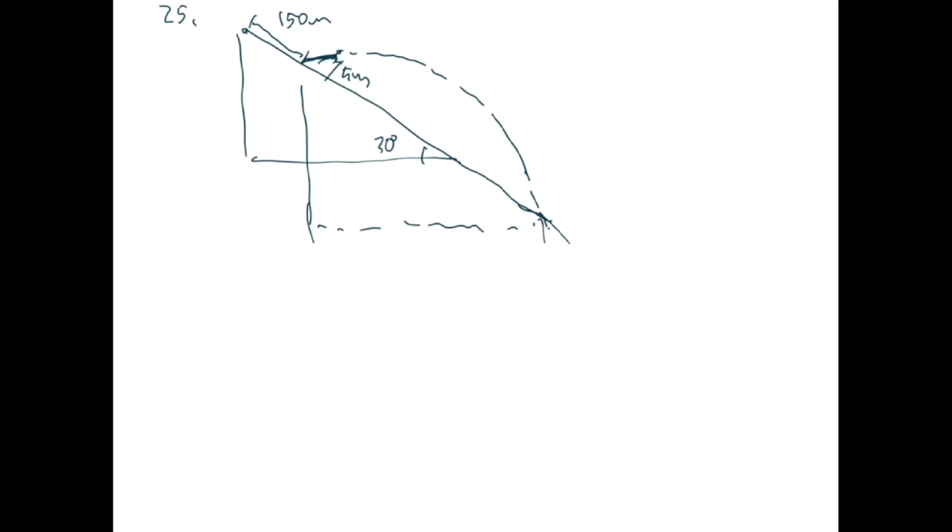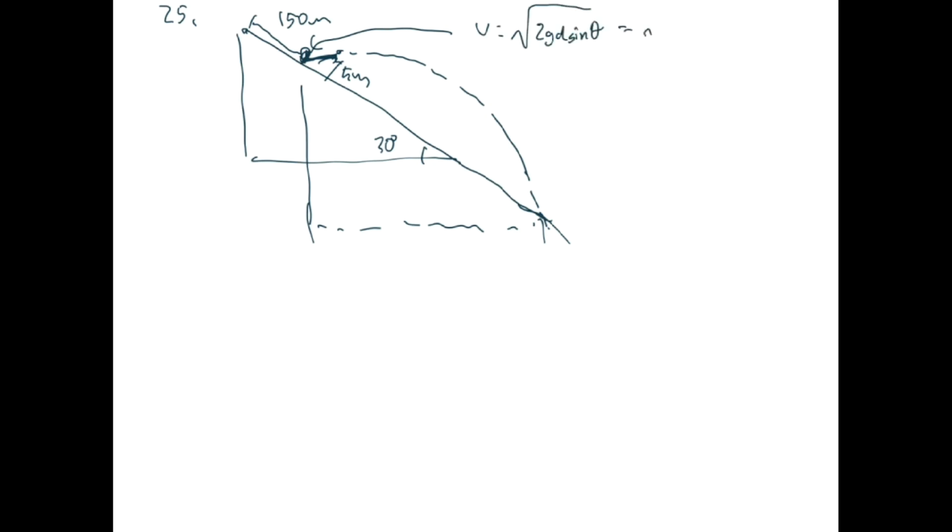So first of all, once the skier enters the ramp, by conservation of energy, its velocity is root 2 g d sine theta.